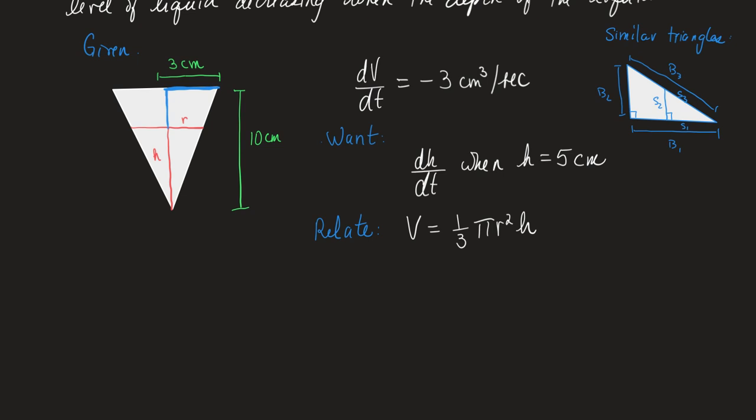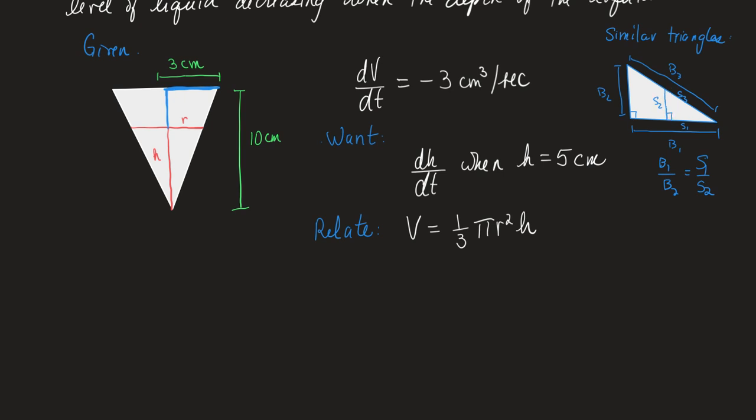So what happens when you have similar triangles is that corresponding sides are proportional. So you can say, for instance, that B1 over B2 is equal to S1 over S2. That is the length of the big side, that side over this one, is equal to the ratio of the corresponding sides in the smaller triangle.